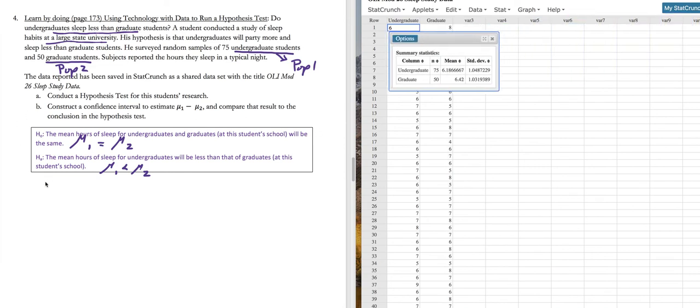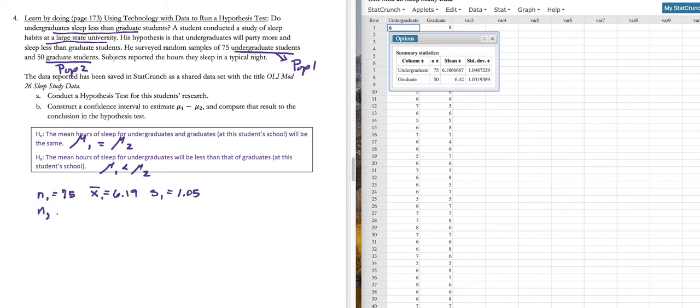I'm going to go ahead and write that over here. So undergraduates is my population 1. So that sample size will be n1, and that's 75. My sample mean, x1 bar, let's do 6.19, rounding to 2 decimal places here, and then standard deviation s1, 1.05.